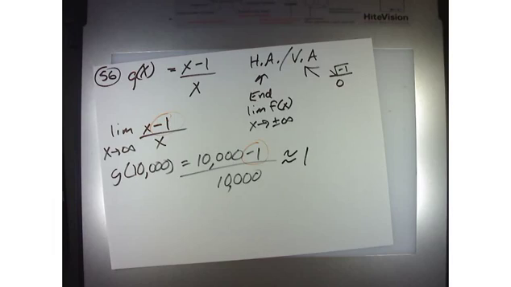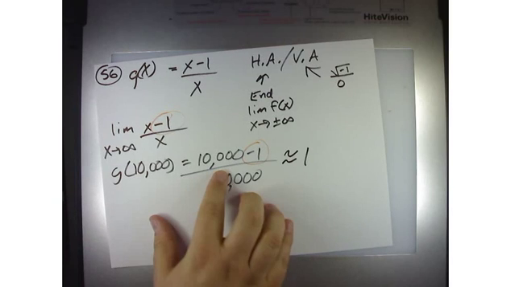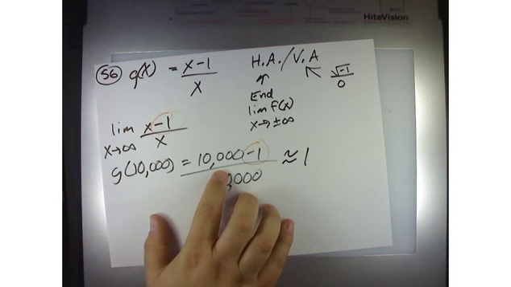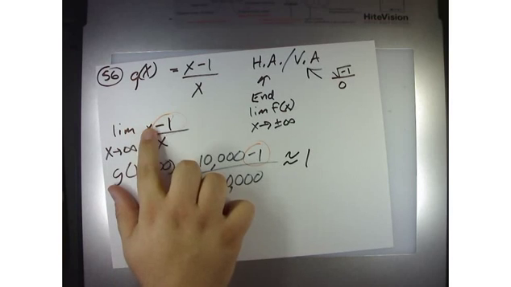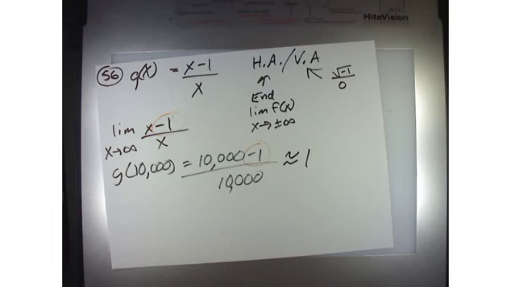In other words, if I plugged in 1,000,000, I get 999,000, you know, a bunch of nines all over 1,000,000. And if I were to plug that in the calculator and round, it would round to 1. Well, as we approach infinity, this negative 1 is insignificant. So I'm always going to have infinity over infinity, a large number over a large number, which will equal 1.